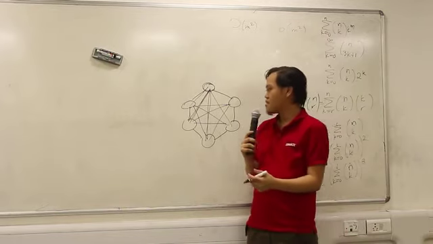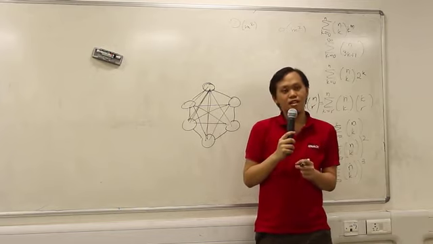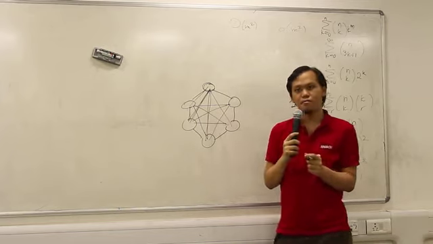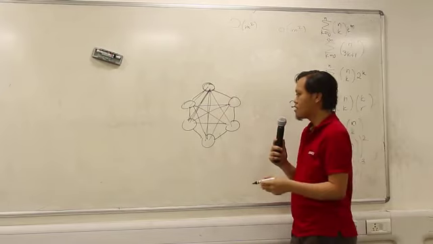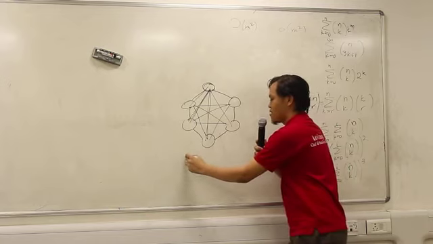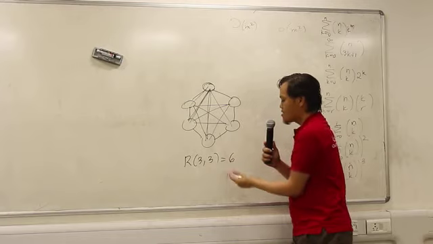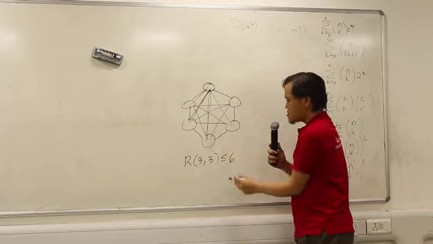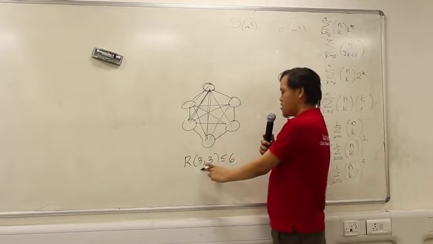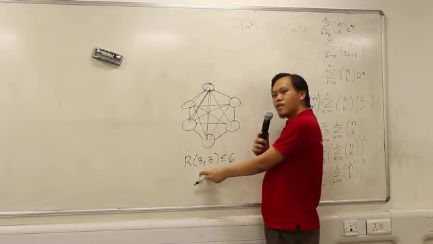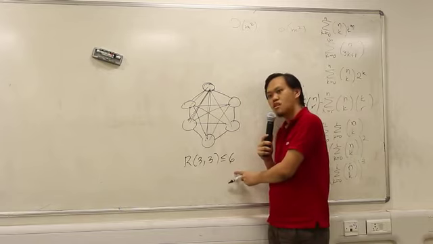And I would like to extend this result by a little bit. This is the classic Ramsey numbers. This result in particular says that if you want to find a triangle of red color or blue color, then you need at most 6 nodes.